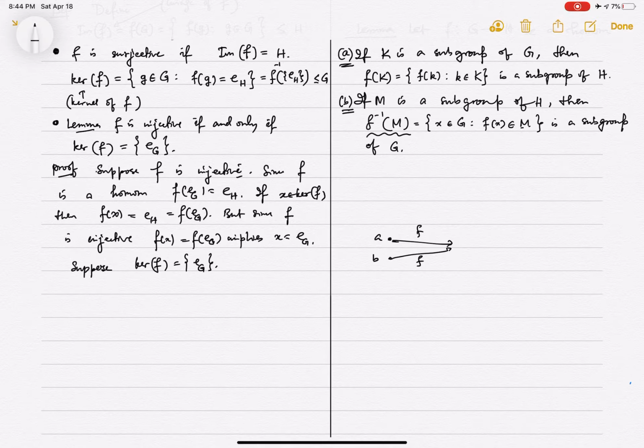And then you try to prove that these two guys were the same to begin with. So take a, b in G such that f of a equals f of b. I want to show that a equals b. And that would prove that different things go to different places when you apply f.